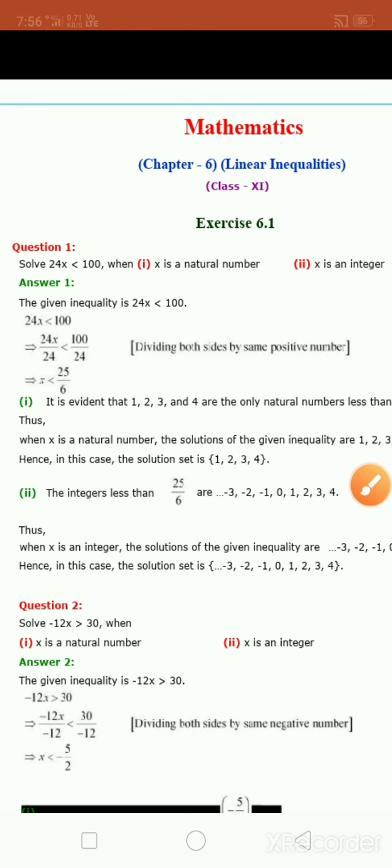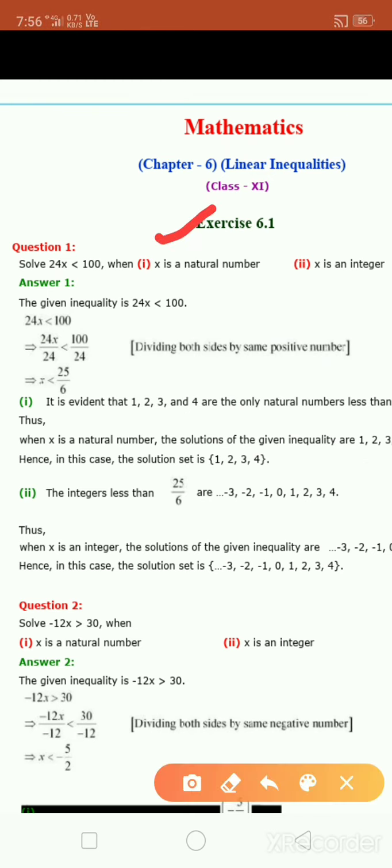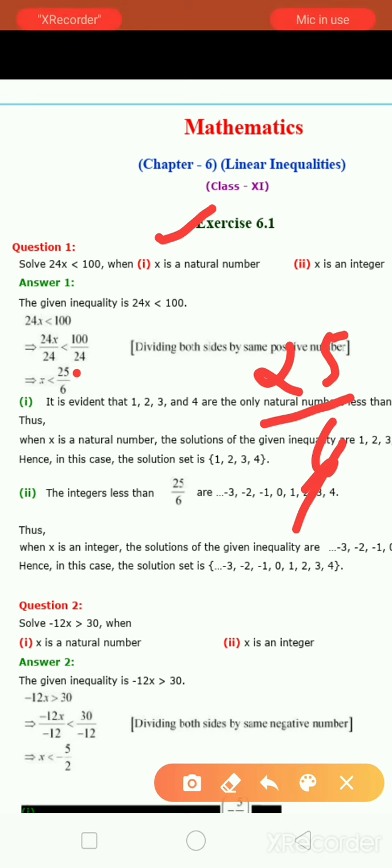Next, in the sub question, x is a natural number. The natural numbers start from 1, 2, 3, 4 to infinity. Till where should you consider? See, what is 25 by 6? 6 ones are 6, 6 twos are 12, 6 threes are 18, 6 fours are 24.